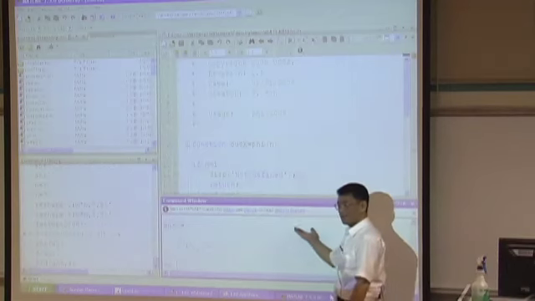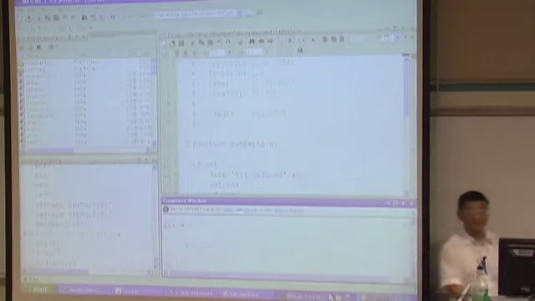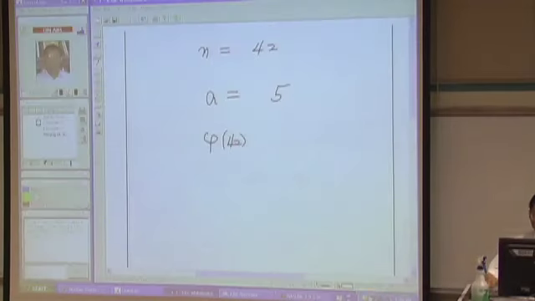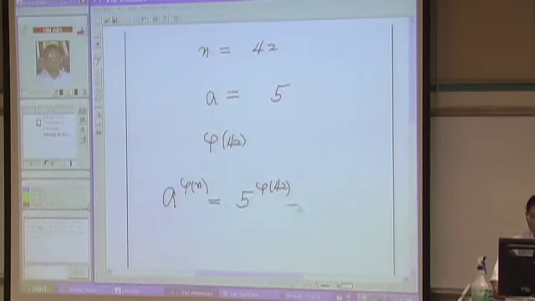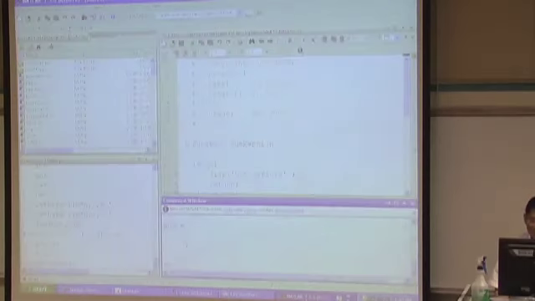Do you see it? So, as you can see, a to the power of phi of n is nothing but 5 to the power of phi of 42, and phi of 42 is 12. 5 to the power of 12 is a big number, right?